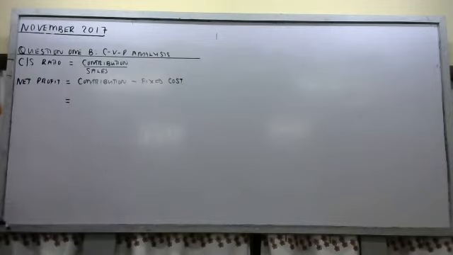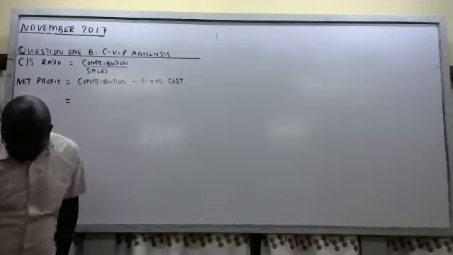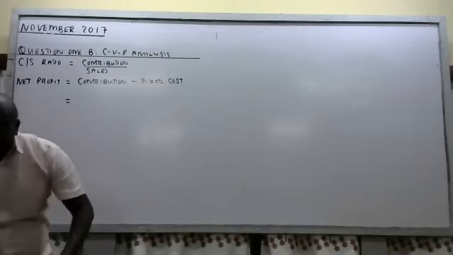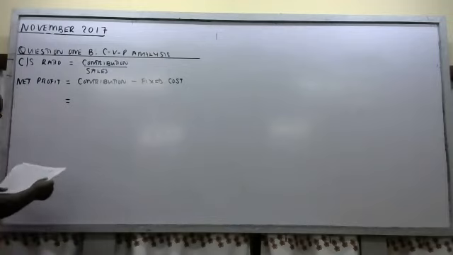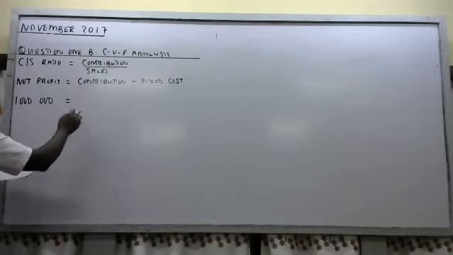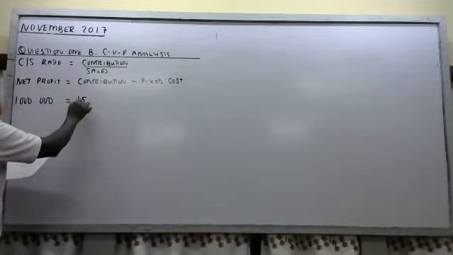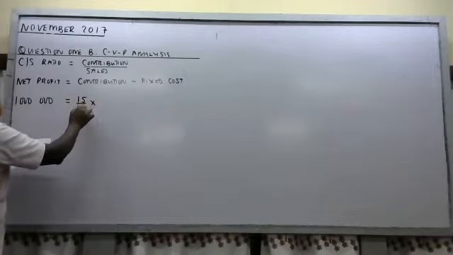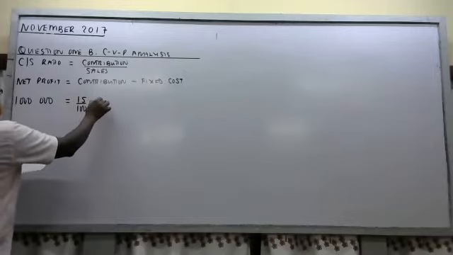So this one will be like this. For product A, rather, we are looking for a profit of 1 million. The contribution to sales ratio of A is 15%, so this will be 15% of 10 million.